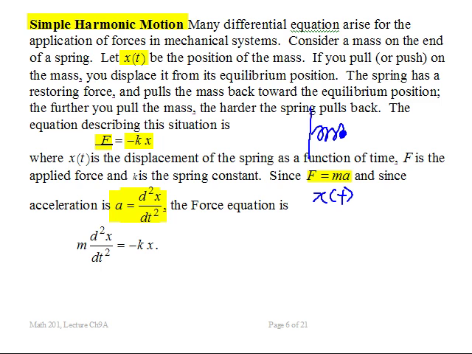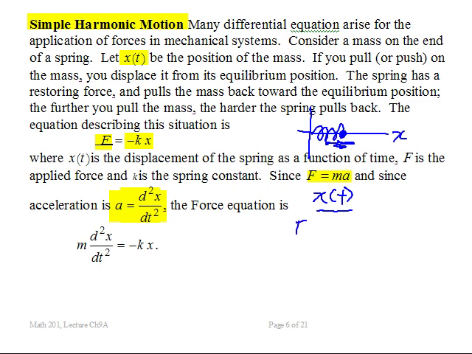Here's x. Now x is going to vary. If you push on the mass, you're going to start it back here, then it's going to move forward, move back, forward again, and then finally it'll settle down to its equilibrium position. So here is the location. We'll call it x, and it varies with t.